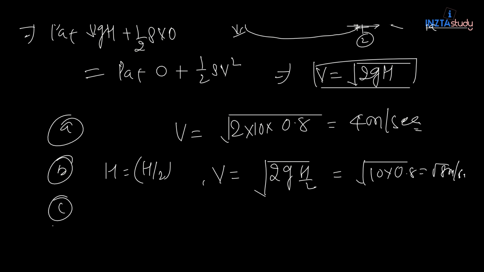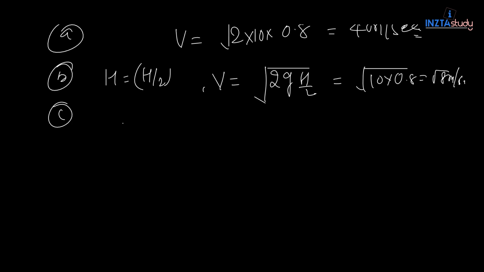C part. Find the volume of water leaked out during the time dt after height h has remained. Suppose the height h has remained, then velocity will be root under 2gh. Now in time dt, what is the volume that is going to come out?